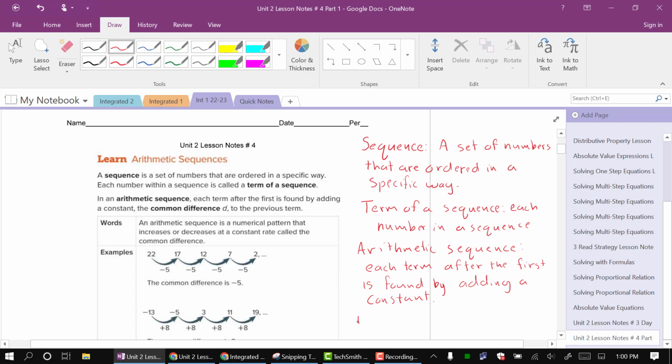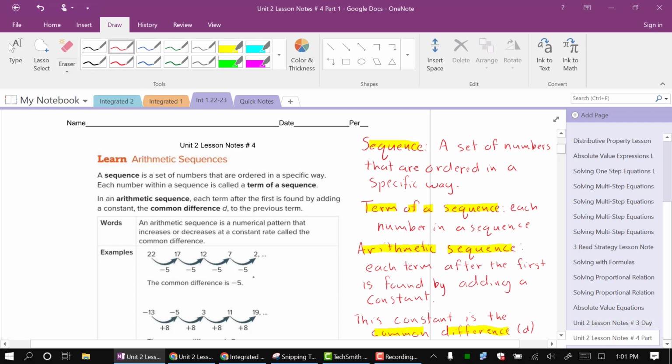This constant is known as the common difference, and it's denoted by the letter D. So this is our vocabulary for today's lesson. Let's go ahead and get started on some problems using these vocabulary terms.